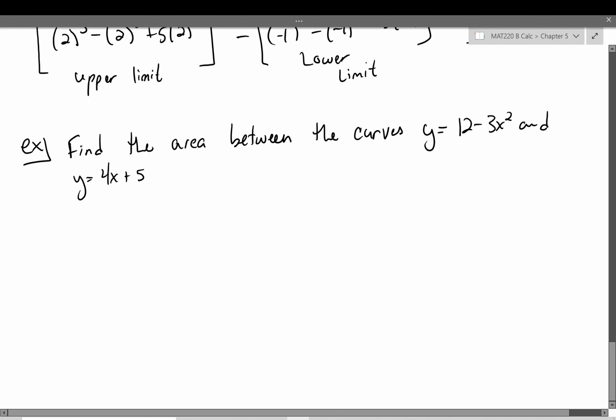Okay? And this is going to be from x equals 0 to x equals 3. All right?